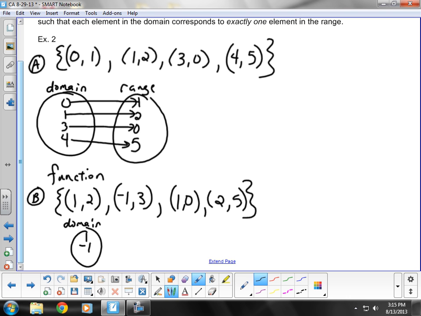You don't need to write the 1 down again. And here you have your range, and you've got 2, 3, 0, and 5. So 1 went to 2, -1 went to 3, 1 went to 0 also, and 2 went to 5. So see here, our problem is that 1 is mapped to 2 and to 0 both at the same time. So this is definitely not a function.